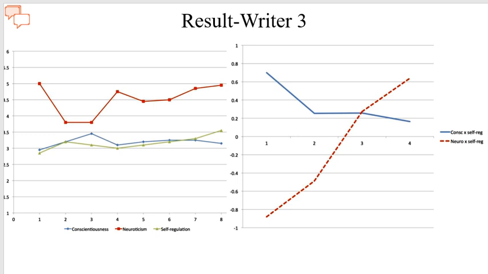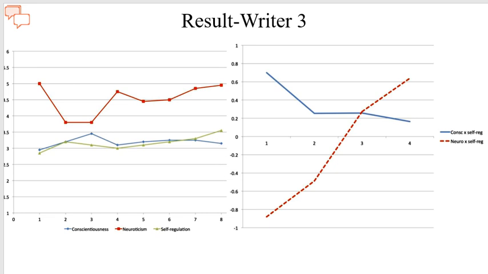Except for neuroticism, these scores did not fluctuate widely. Despite a 1-point decrease near the beginning of the term, neuroticism returned to the same level by the end of the term. On the other hand, writer 3's average SRC score increased from below 3 to 3.5.